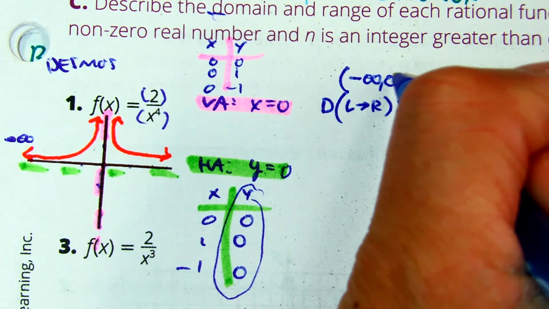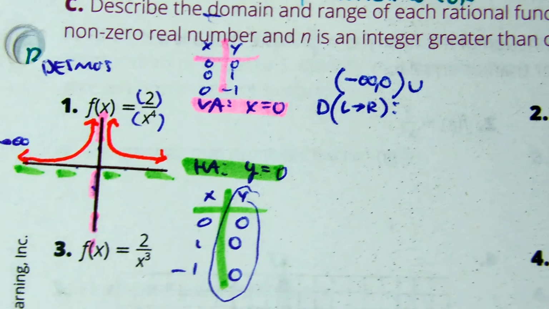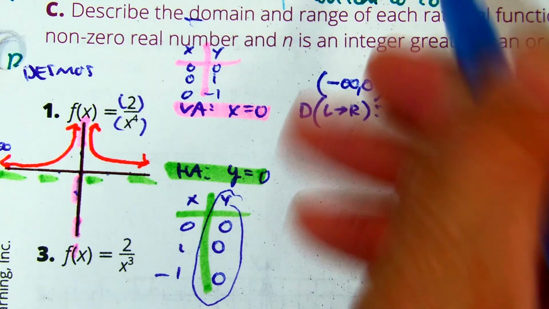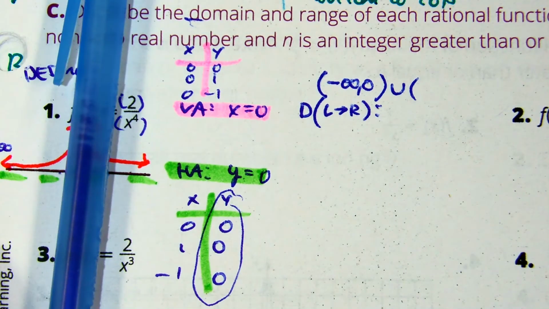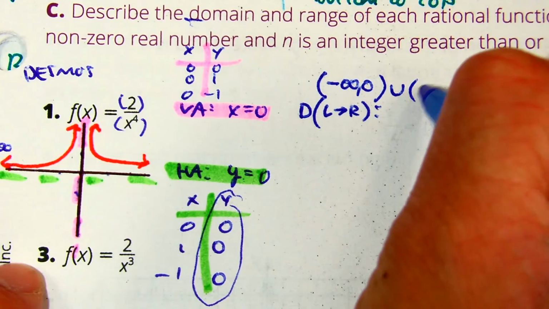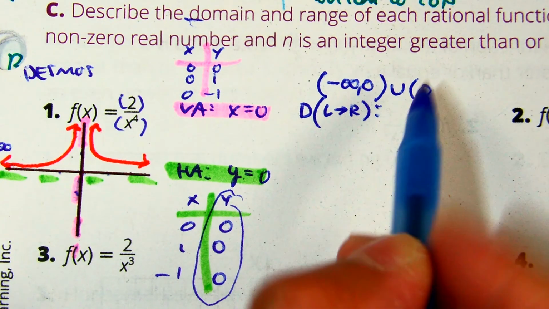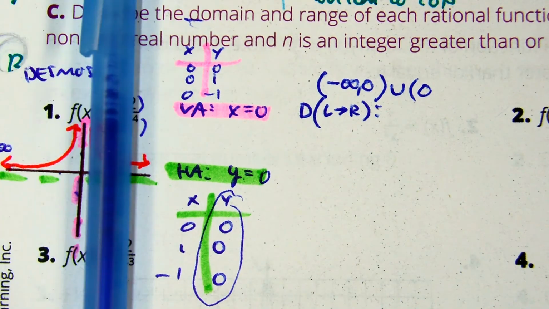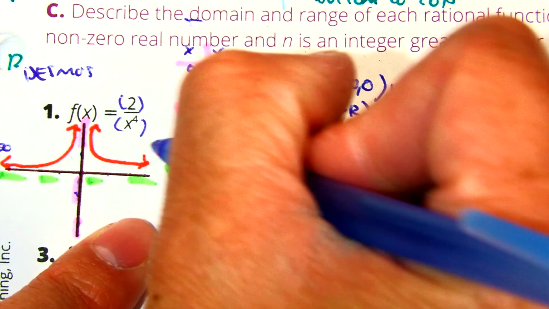Okay? U means union. Class, what does a U mean? I'm going to join my answer with, so now my pen is going past the pink line, and I'm starting here. This is now at 0. It's a parenthesis because you're not including 0. It's never going to touch 0. And then you go in this direction, towards positive infinity on the x-axis.